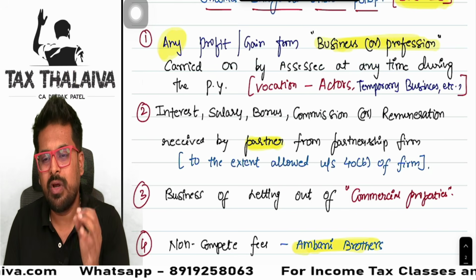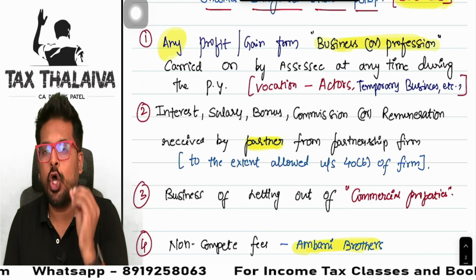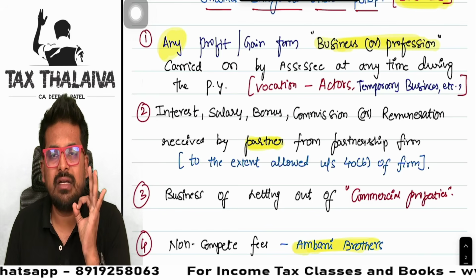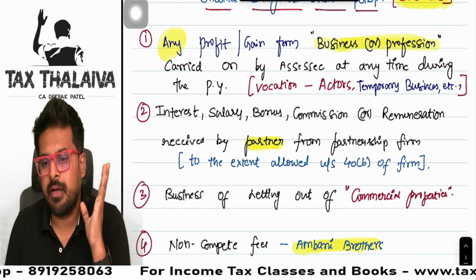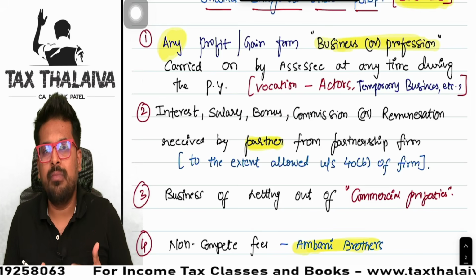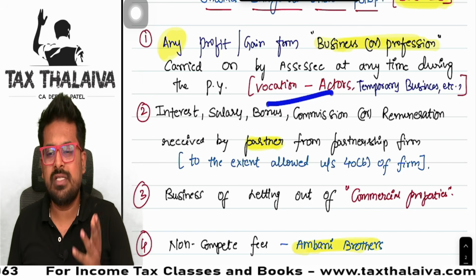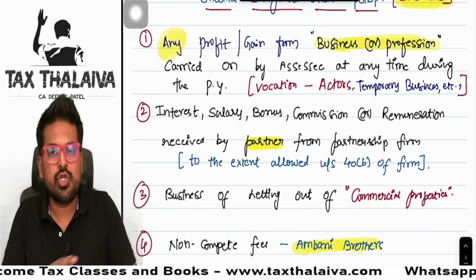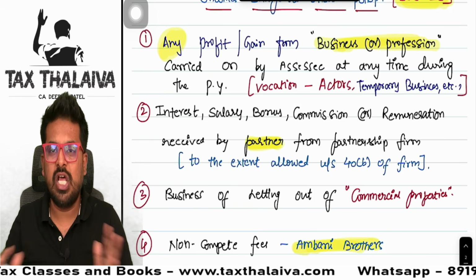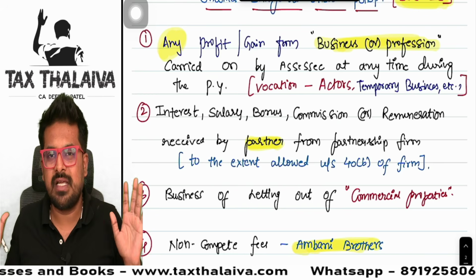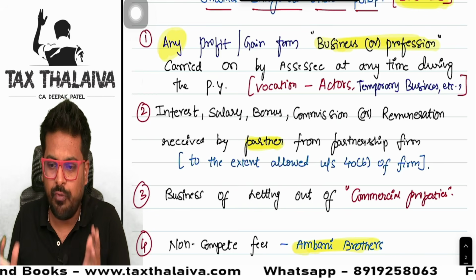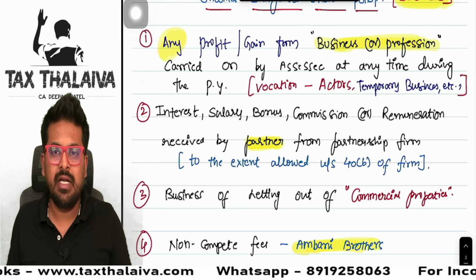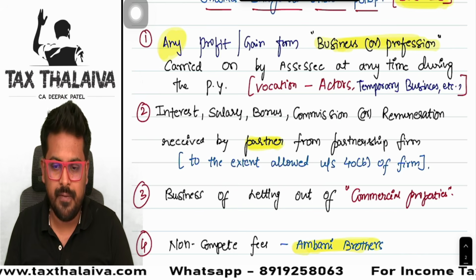Any profit you get from a business or a profession is taxable as PGBP income, guys. It may be from a vocation. What is a vocation? Kind of actors or temporary business. You may be doing a permanent business or a temporary business, does not matter. You are doing business, that's all. Or you are carrying on some profession, and whatever income you have earned is taxable under the PGBP head.